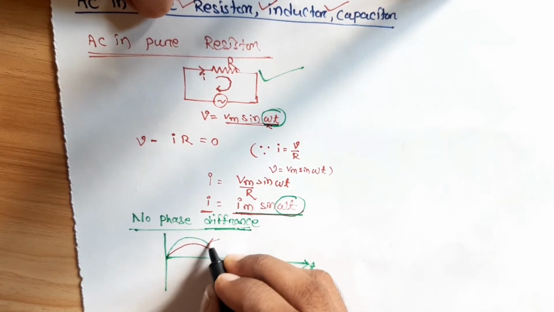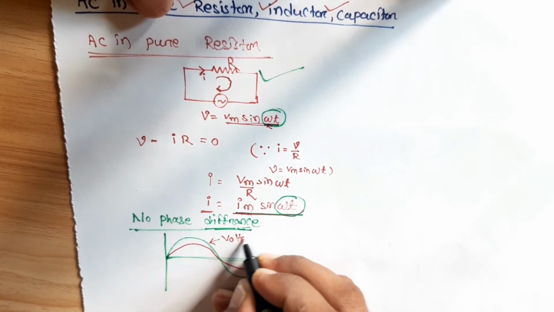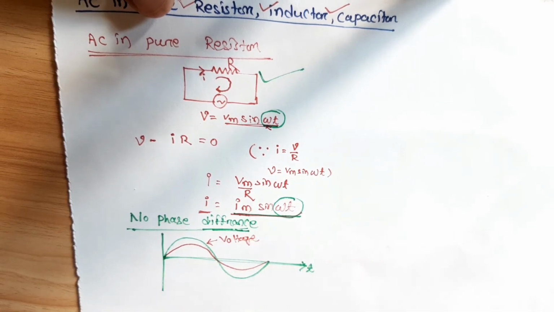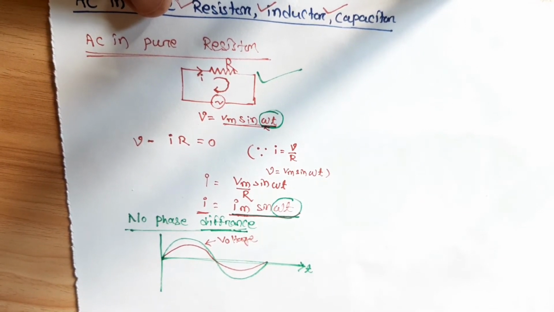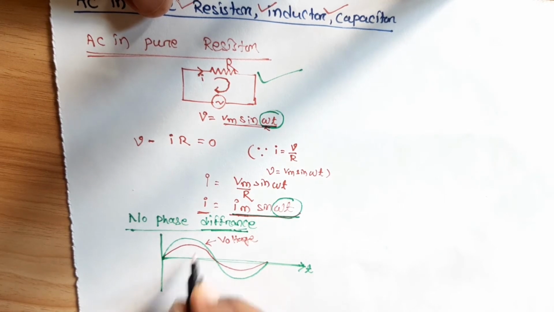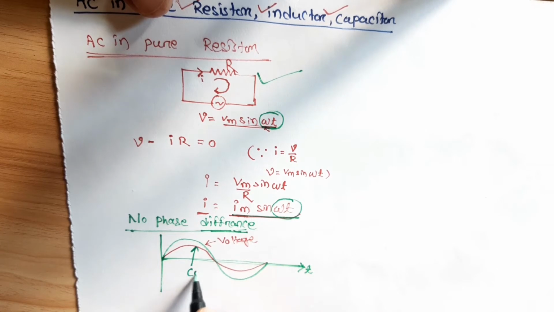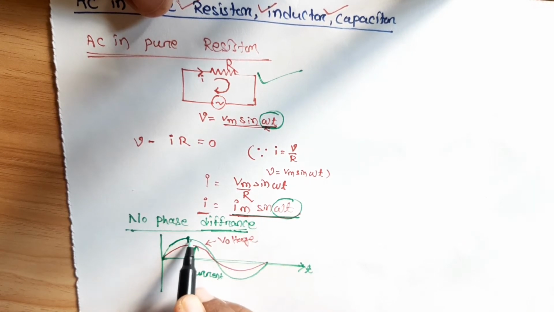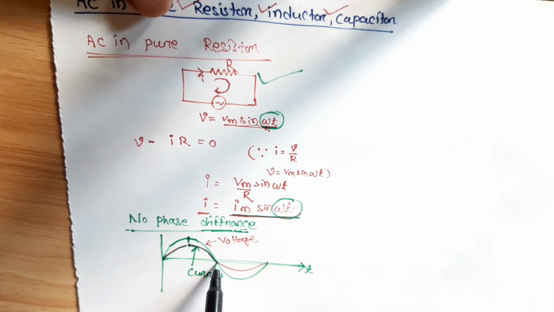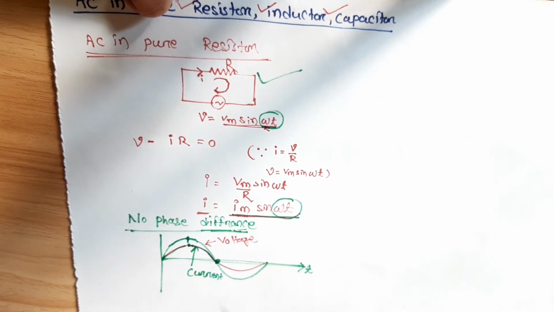This is the voltage and this is the current. You can see in a resistive circuit, at the time of voltage peak, its maximum point, the current is also at its maximum point. This is the resistive case.